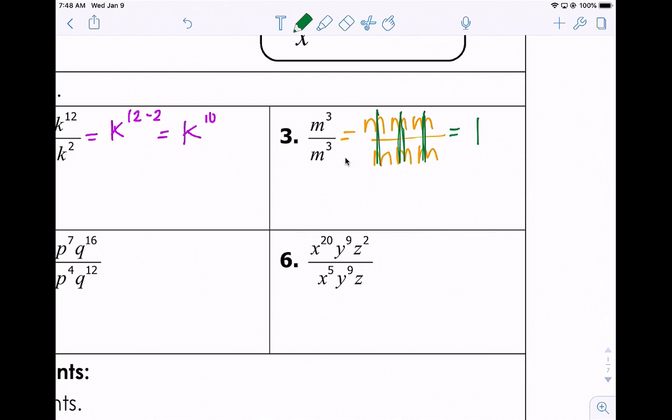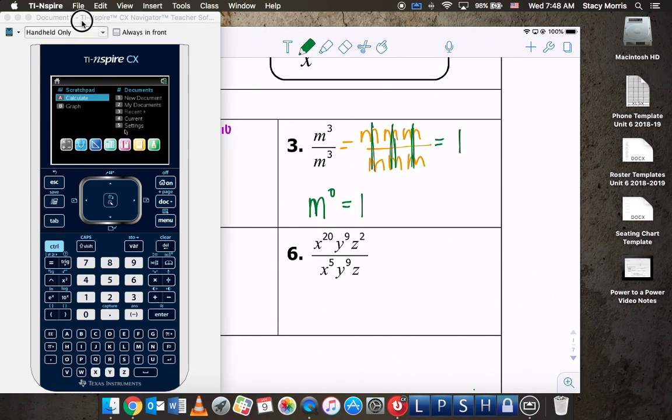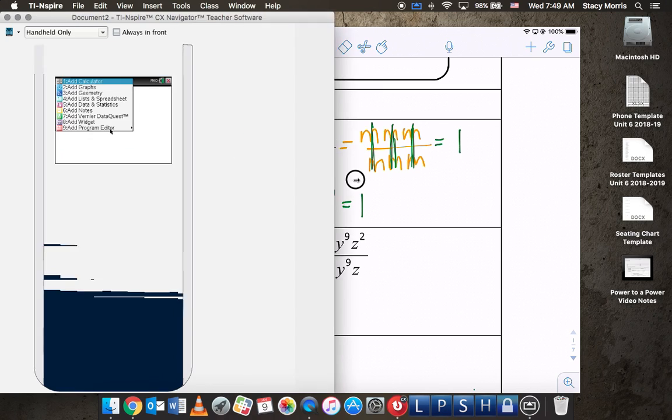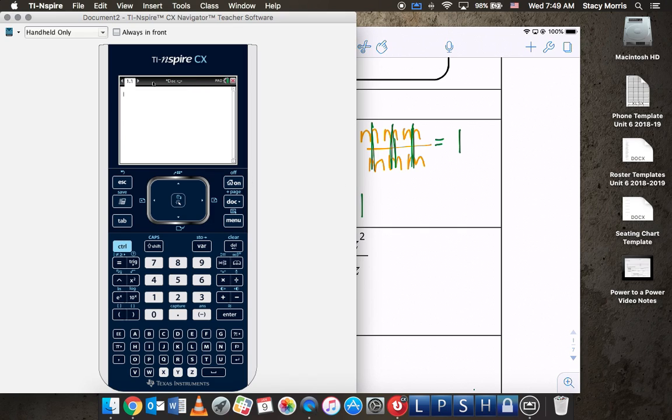A very common mistake is that students do 3 minus 3 and they get 0, so they put 0 as the answer. We haven't actually learned this yet, but anything to the 0 power is actually 1. You can use your calculator, and I'll show you this on my calculator here. I can type any number in and raise it to the 0 power, and it will tell me that it's 1.